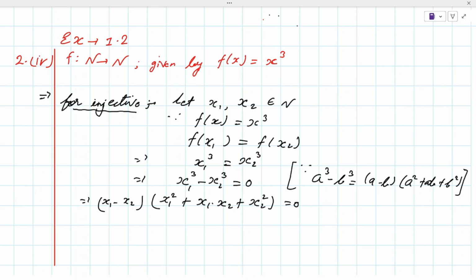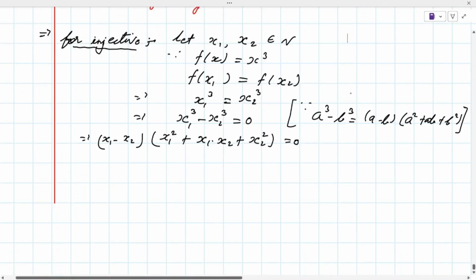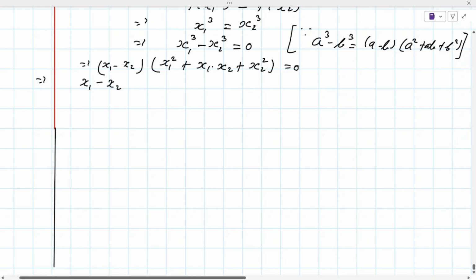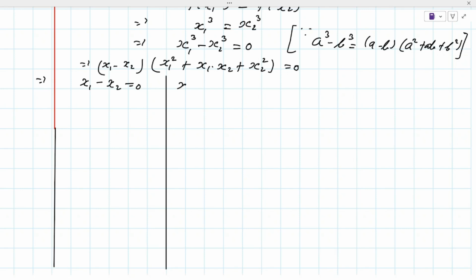Now we will solve it. So this one can be solved as: the first part will be x1 minus x2 is equal to 0, and the second part will be x1 square plus x1 into x2 plus x2 square is equal to 0.